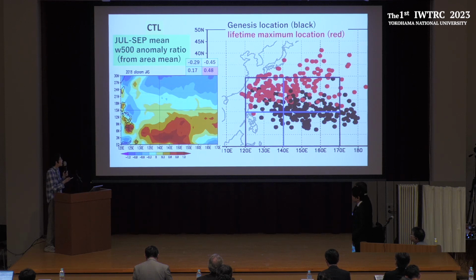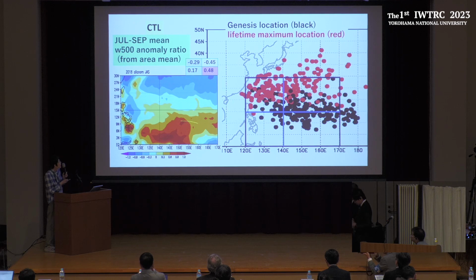And then we see this is the relative ratio of the anomalous vertical motion from the area mean vertical motion.